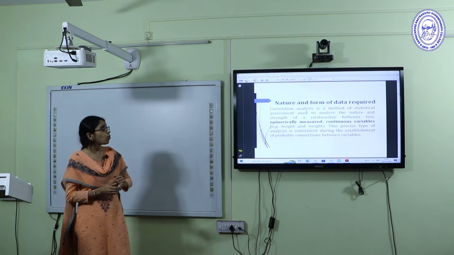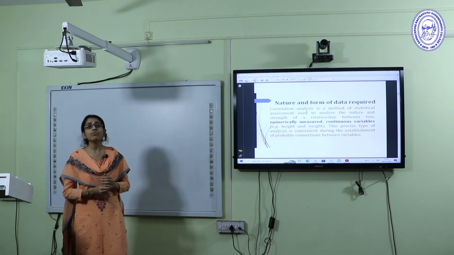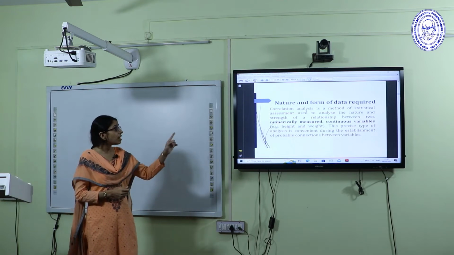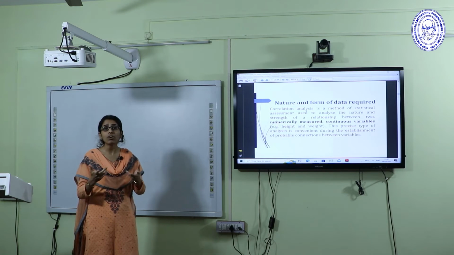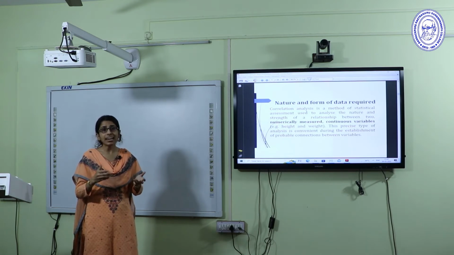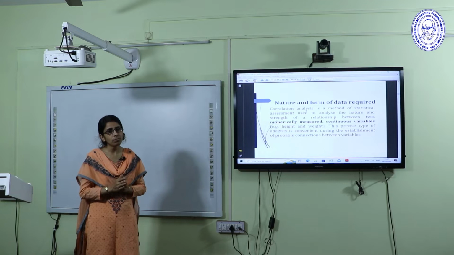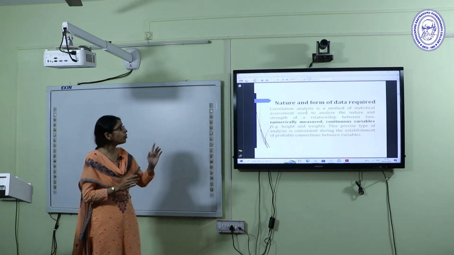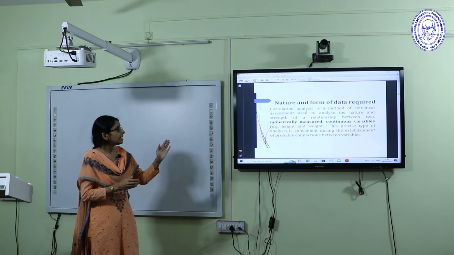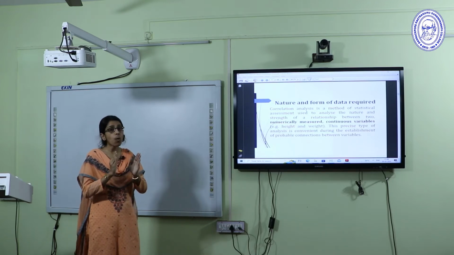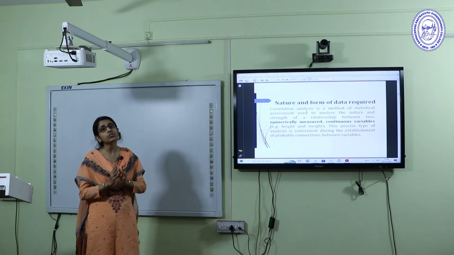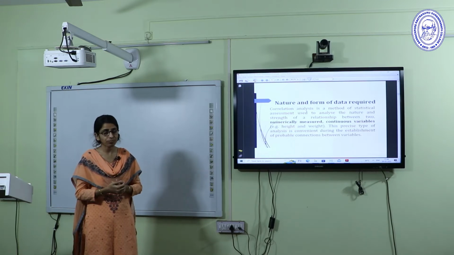So in correlation analysis, we need this type of continuous variable. For example, height and weight, which include all whole values and decimal points. So for correlation analysis, the data must be numerically measured, quantitative in nature, and continuous in form.